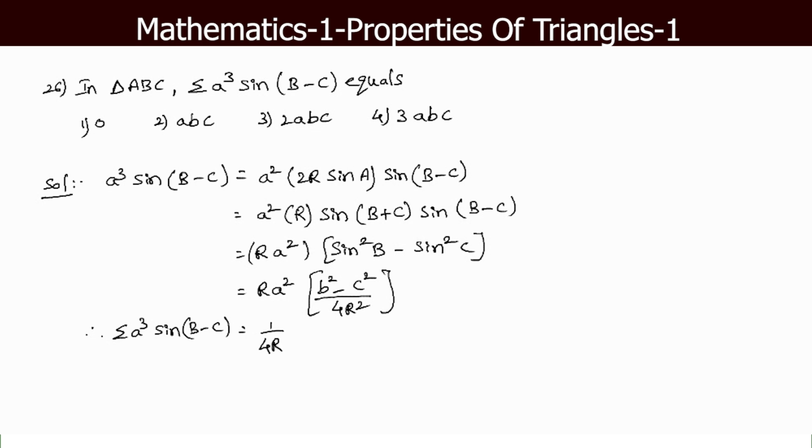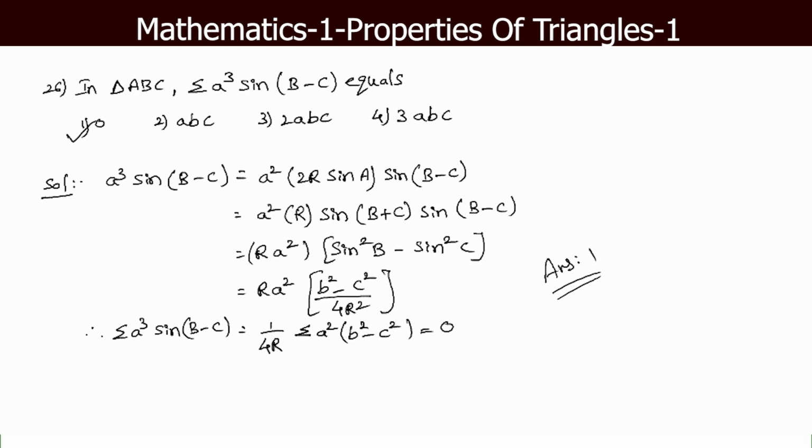That R will cancel, 1 by 4R you will get common. So sigma a cubed sin(B minus C) is 1 by 4R into sigma a square into (b square minus c square), but that is 0, because sigma a square into (b square minus c square) is 0. So in triangle ABC, sigma a cubed into sin(B minus C) is always equal to 0.